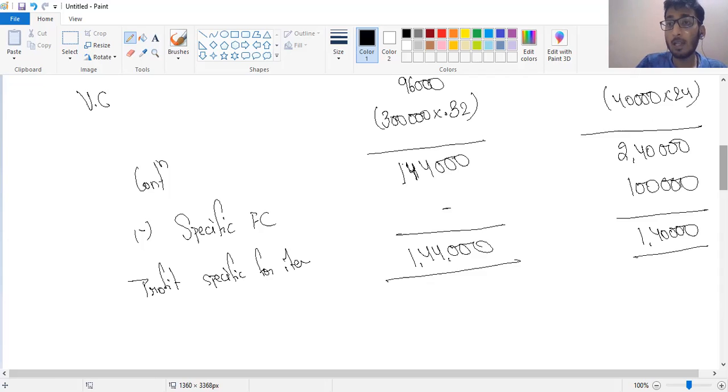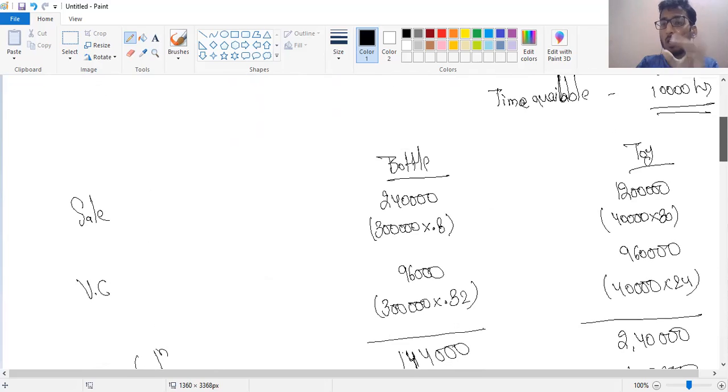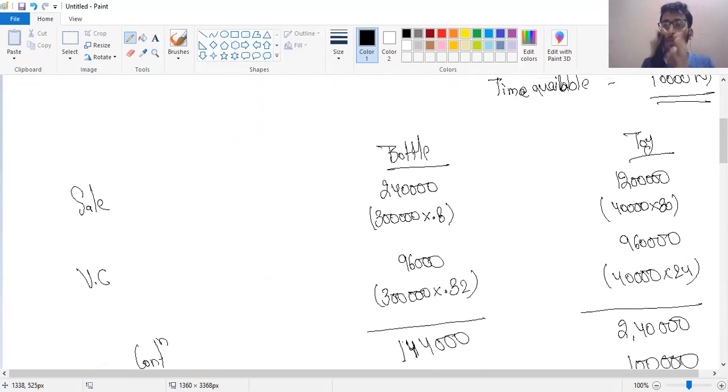Since we are given that the limiting factor is the machine hour, but in this specific part the machine hour is not limited, because we are making exactly what is available to us. We are not going beyond the machine hours.